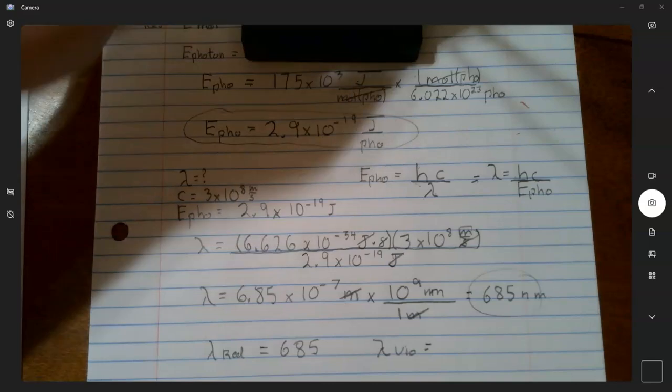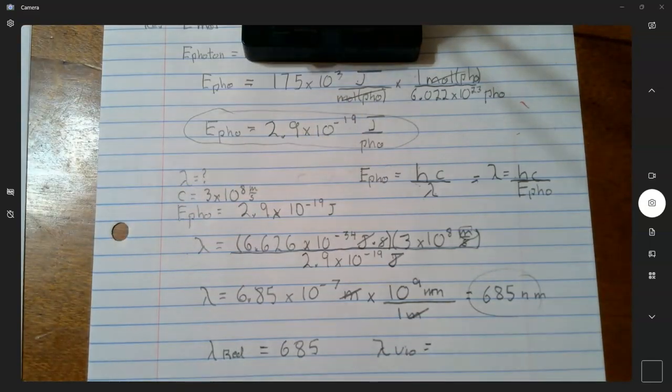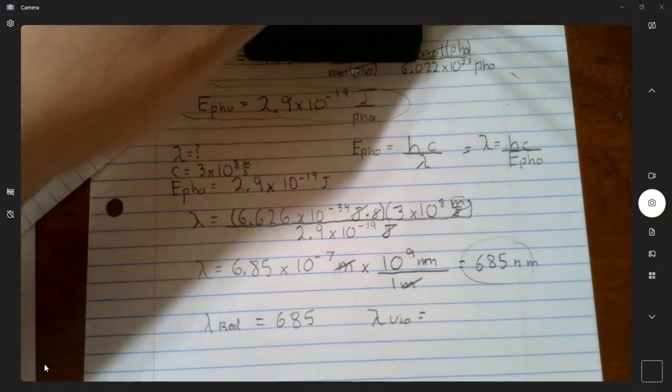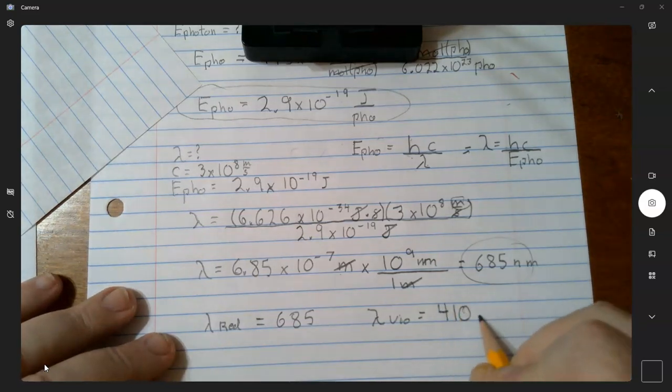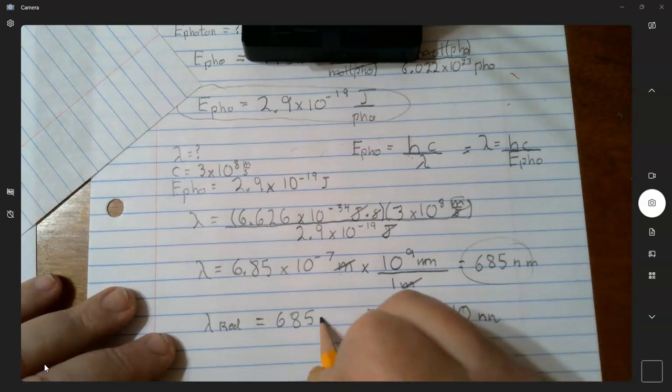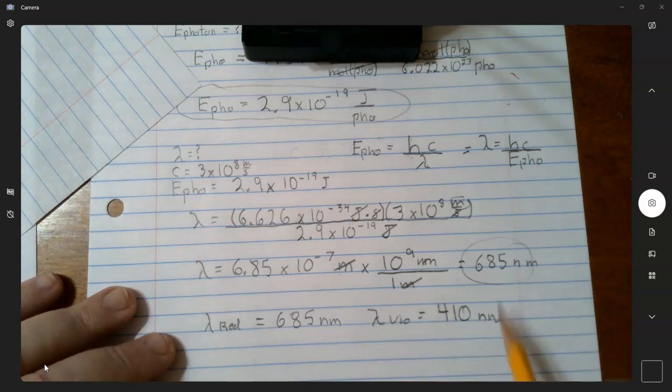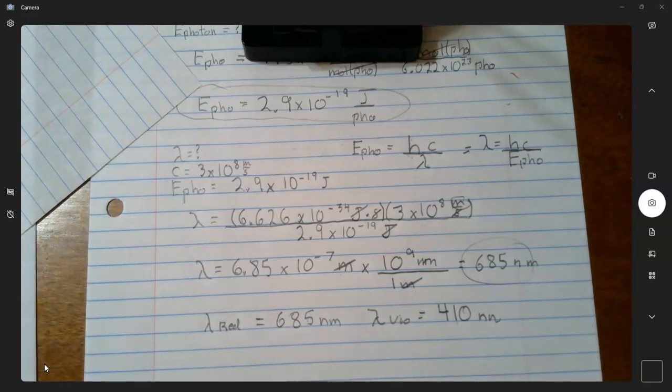Okay, and if we go back to our previous problem, it gave it to us in the problem, it's 410 nanometers. And this is nanometers. So again, somewhere between 350 for the highest energy light, violet in this case, and the lowest energy, the wavelength of red.